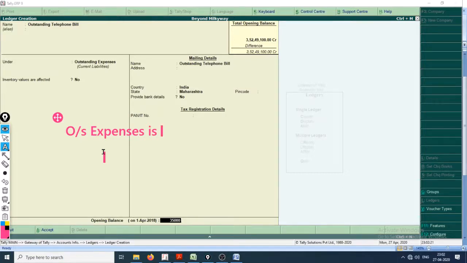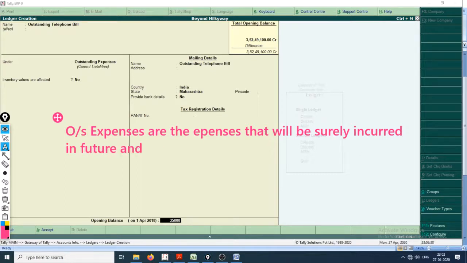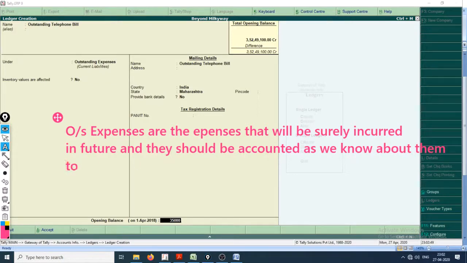Outstanding expenses are the expenses that will surely be incurred in future, and they should be accounted as we know about them to give a correct and true position of the balance sheet of the financials.